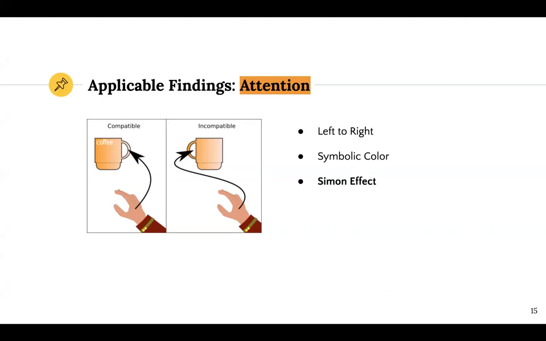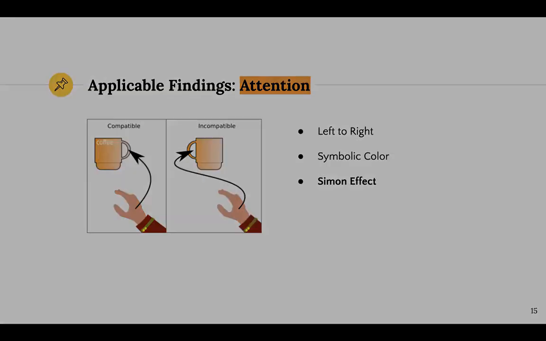So wherever the action is occurring, you expect the reaction to also occur. In the picture on the left, the person is using their right hand and reaching for the right side of the cup. And this is much more intuitive than the person using their right hand to reach for the left side of the cup. Here, they labeled it as compatible and incompatible, but you get the picture.